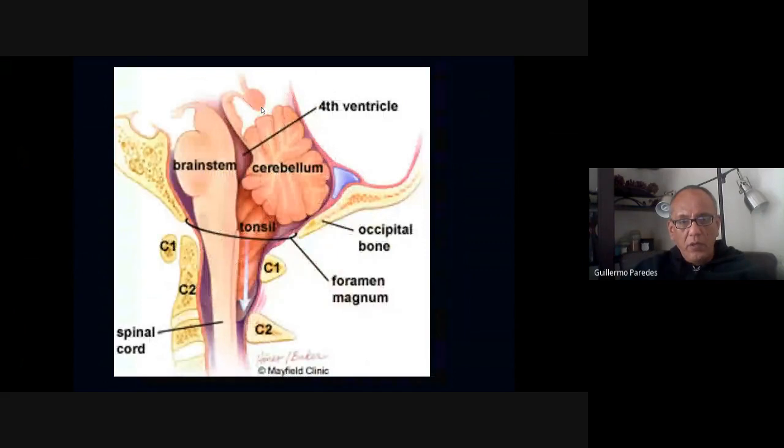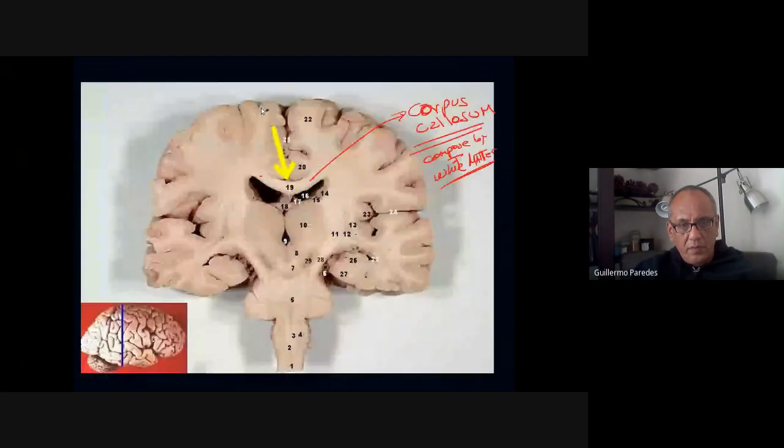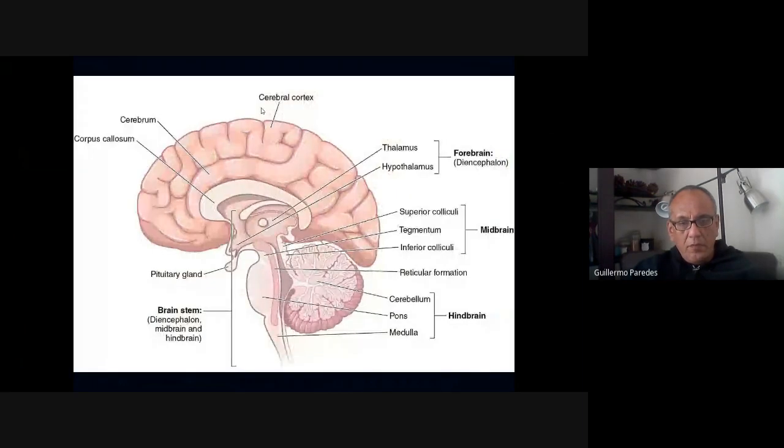In the center of the cerebrum, look at the cerebral cortex. All this is the cerebrum. That is the corpus callosum.